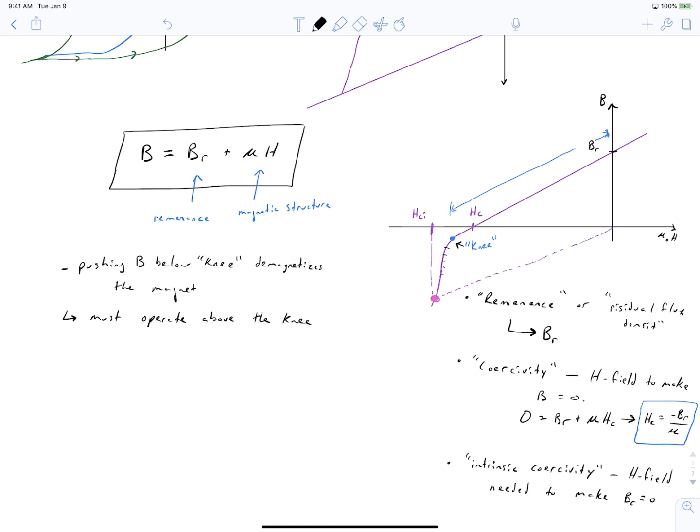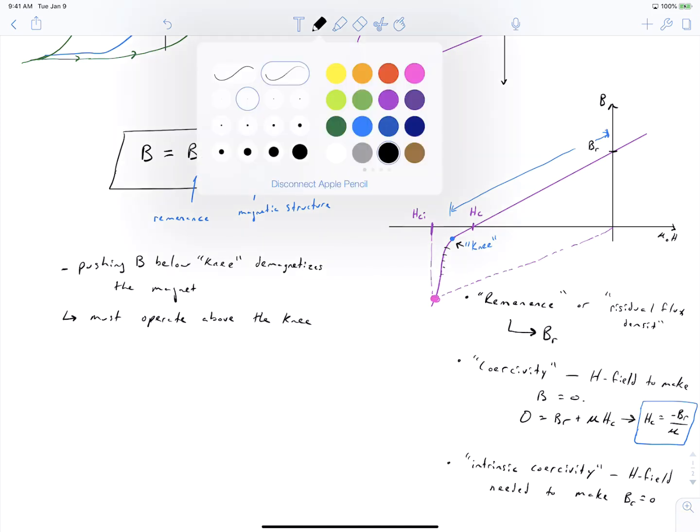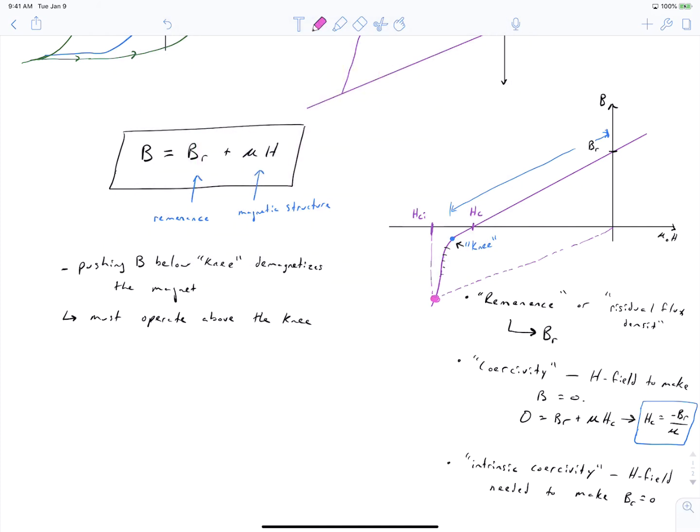And the important thing to watch out for on this is that this BH curve characteristic changes with temperature. So this was our BH curve for one temperature. Maybe it's room temperature, maybe it's 100 degrees C. But if you look at it for a different temperature, the curve pulls in, and so it would look something like so.